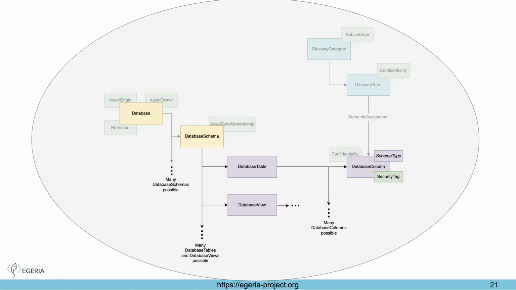So this is an automatically triggered governance service that runs in Egeria's engine hosts to look at all the other settings that are associated with it, whether it's, for a particular column, what type of data, whether it's been classified, whether the database is classified, who owns it, where it comes from, what type of data it contains. All those sorts of things come together to set up the security tags. And then we attach the tags to the column. That change in metadata then triggers the pushing of the tag out to the security manager.